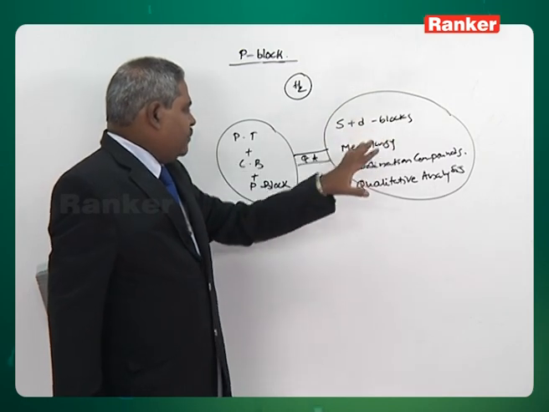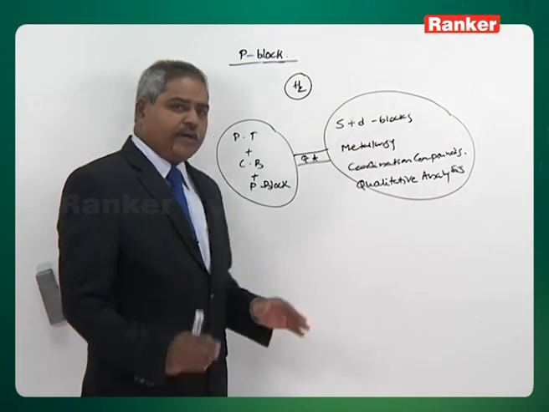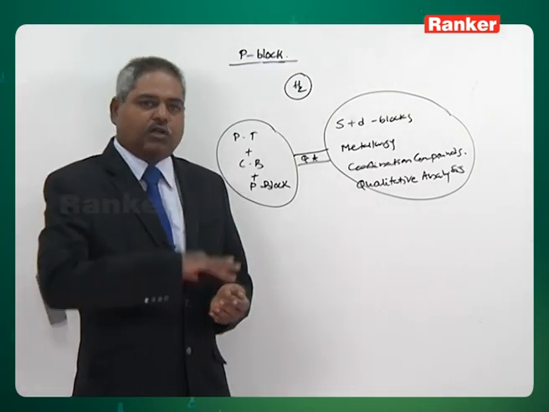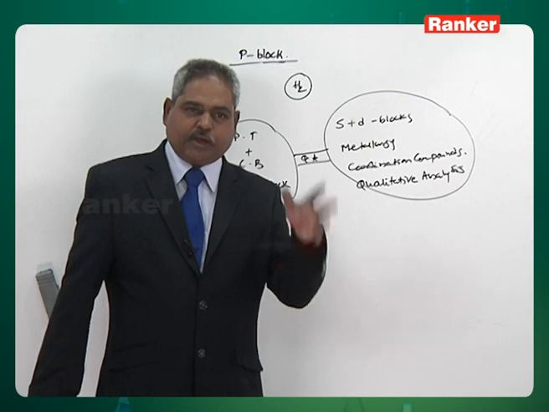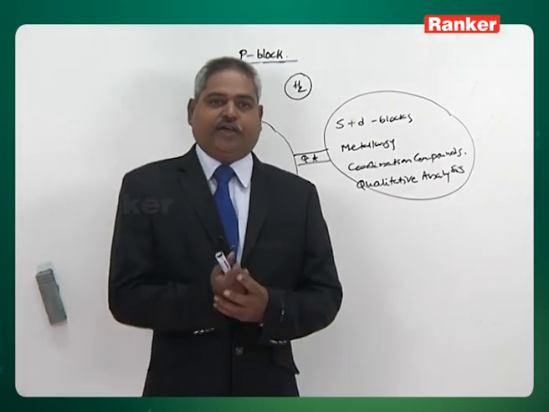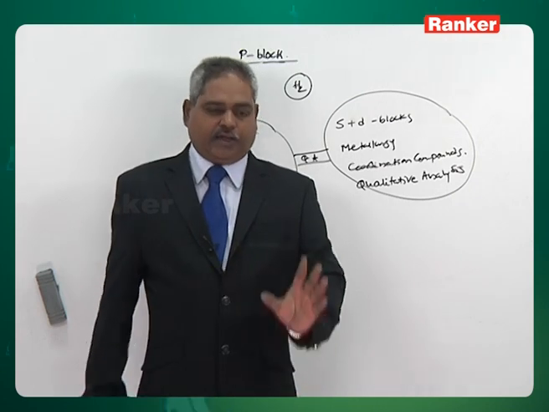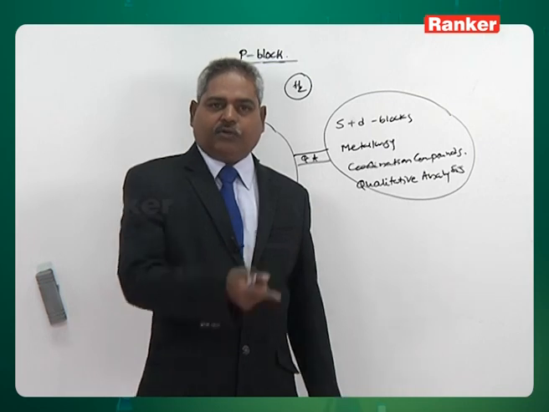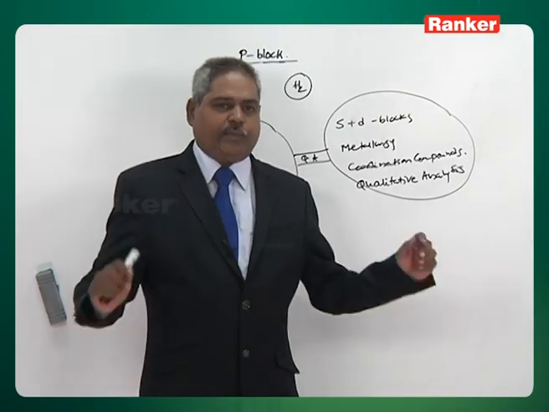Metallurgy, S block, D block, all the properties of metals are almost the same. I don't say they are exactly similar. All metals behave almost in a similar manner, but non-metals have varying behavior, like nitrogen forms bonds leaving a lone pair, carbon forms bonds without leaving any lone pair.